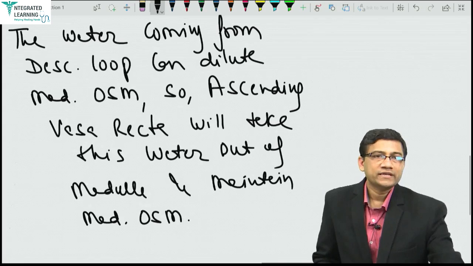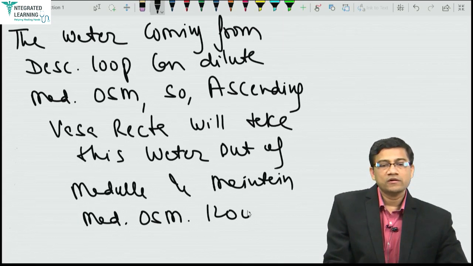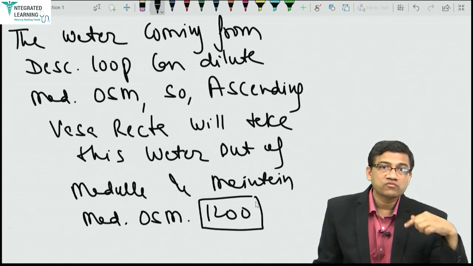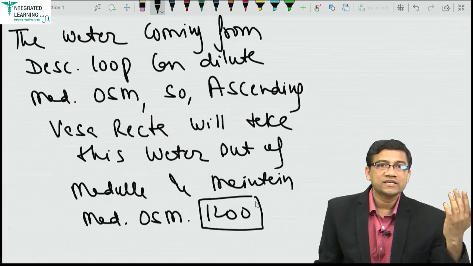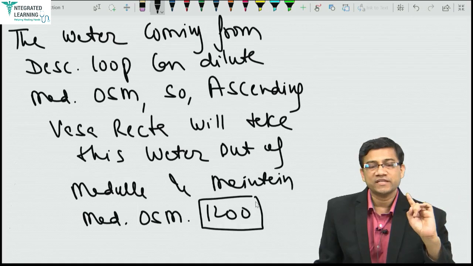So the medulla will be maintained at what value? 1200. So what is the descending doing? Giving the water. And who takes this water continuously out? It is the ascending vasa recta into systemic circulation. That is why the osmolarity is never disturbed.